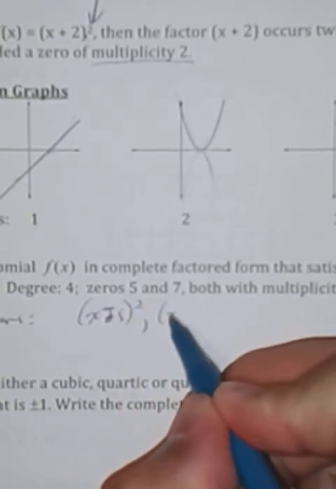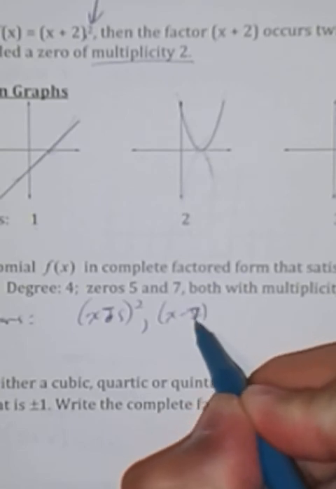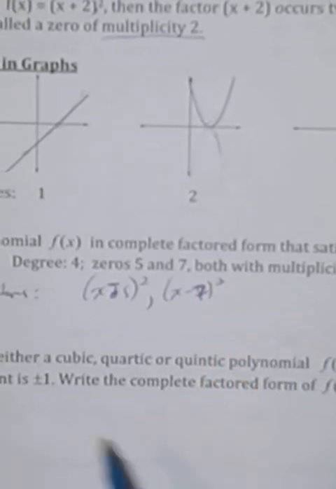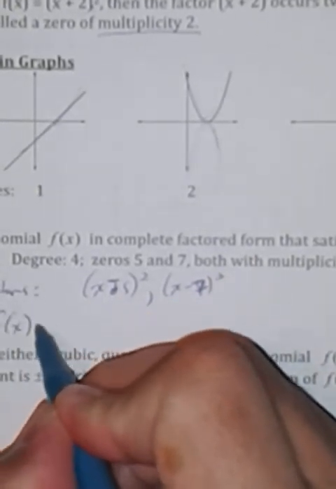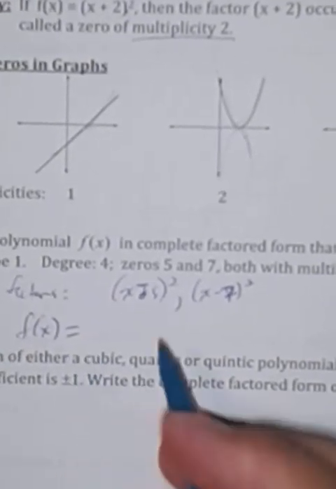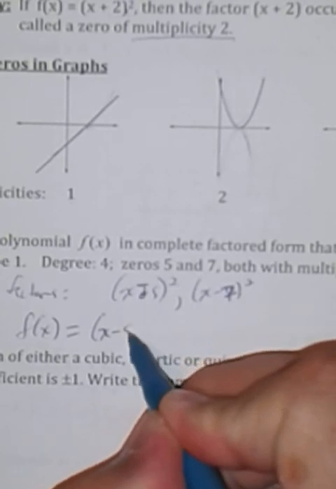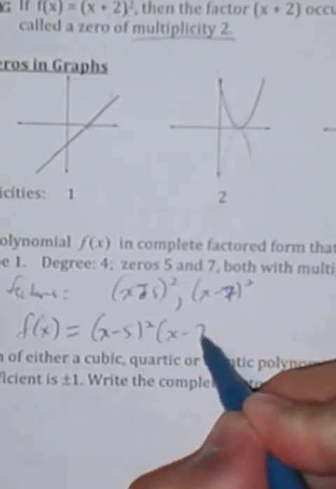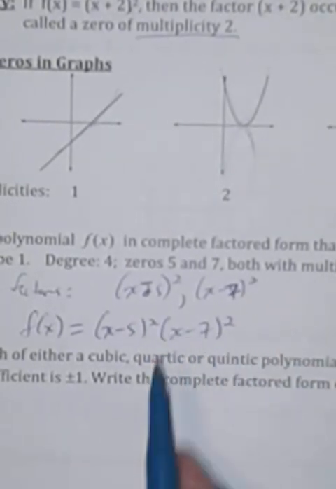So that's x minus 5 squared, and this will be x minus 7 squared. So if I write complete factored form, it's going to be f of x equals the leading coefficient, which they told me is 1, times x minus 5 squared times x minus 7 squared. And notice that's degree 4.